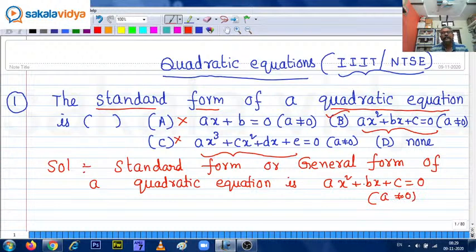This is the quadratic equation. So that's why option B is the right option.